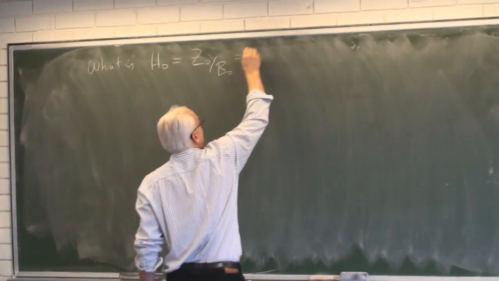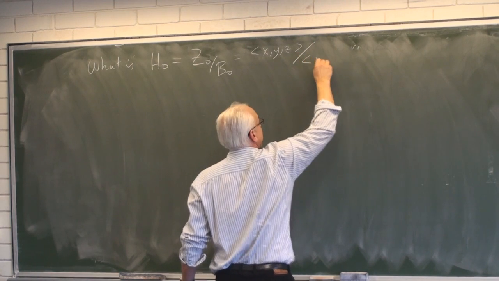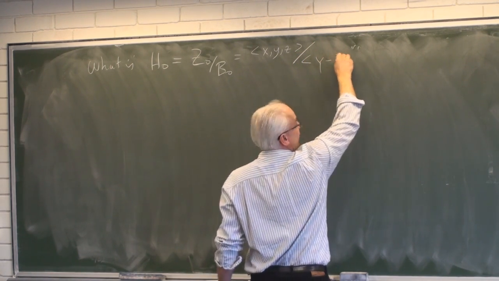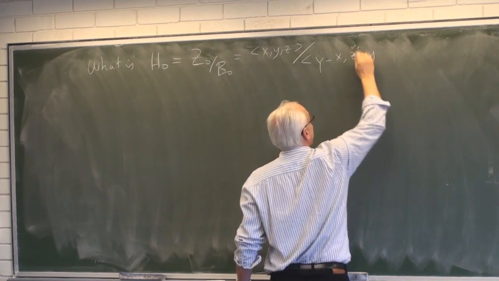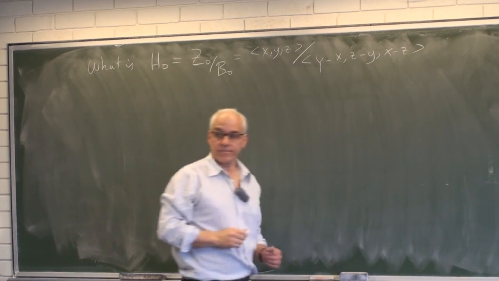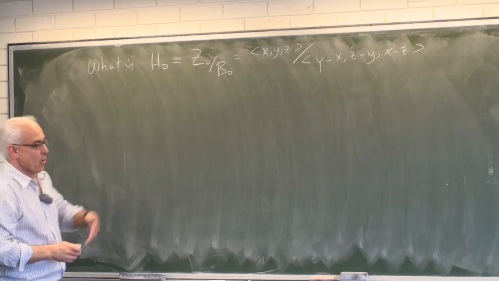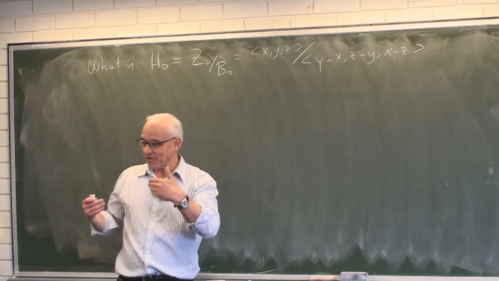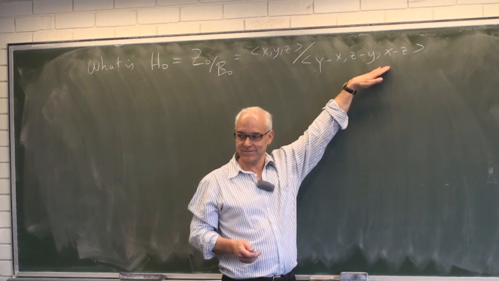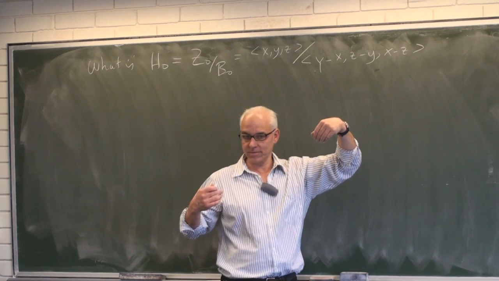So it's the group generated by x, y, z, mod the subgroup generated by the elements y minus x, z minus y, and x minus z. Well, one way of thinking about a quotient is that you're setting these elements to 0. You're thinking of these elements as being 0 in the group.